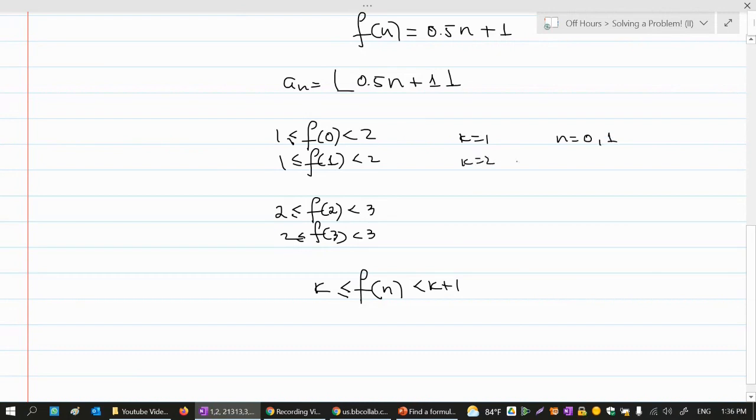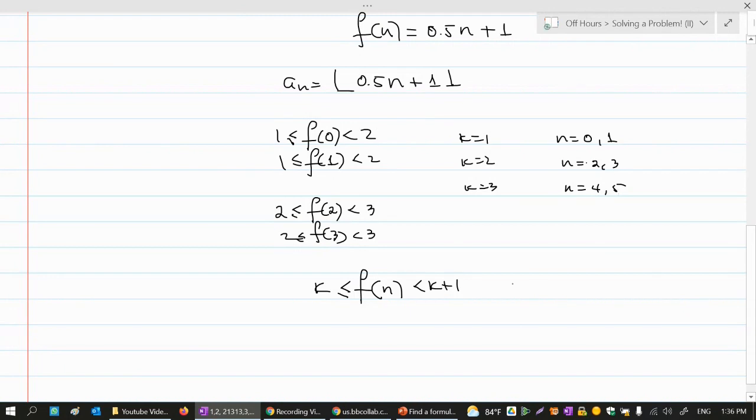When k is 2, the values of n are 2 and 3. When k is equal to 3, n has to be what? 4 and 5. Notice that the first element is always an even number, and the second is the following number.